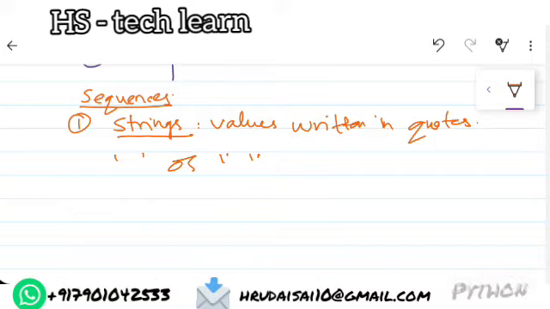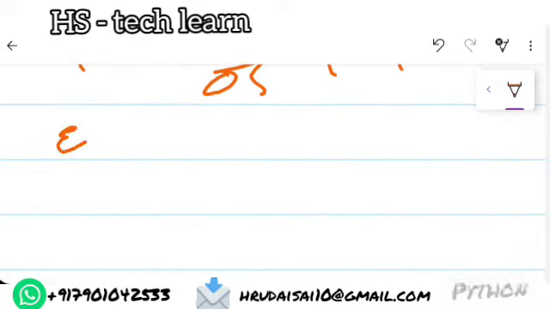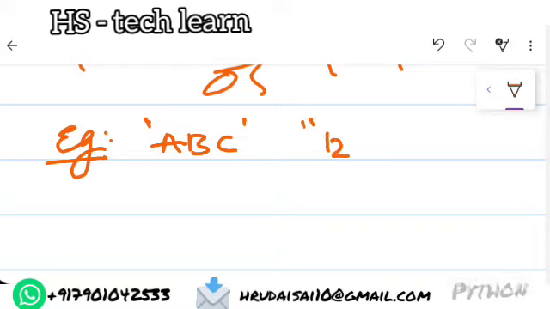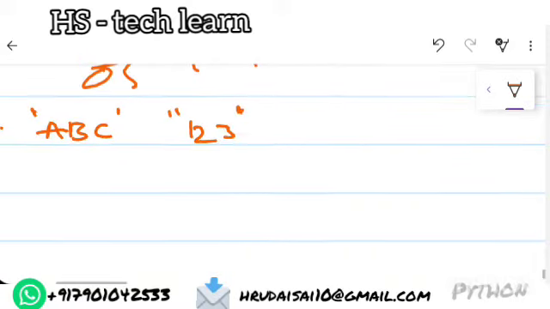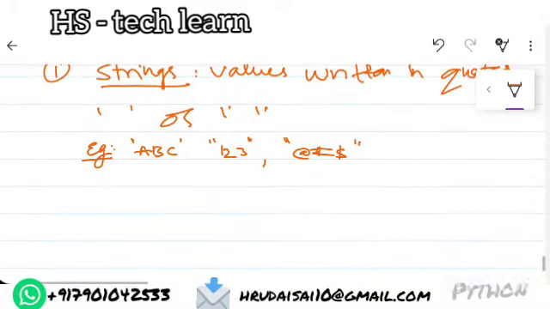Even the numerical values written in the quotes are called strings. We can see few examples here. ABC, 1 2 3, @ $, these all are string data types.